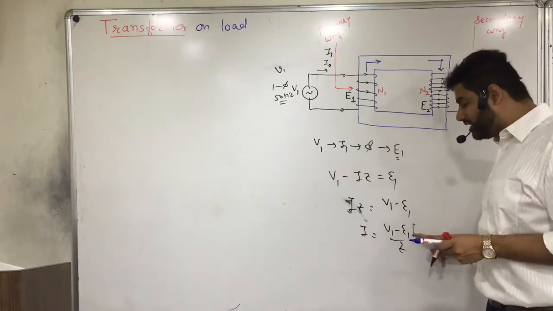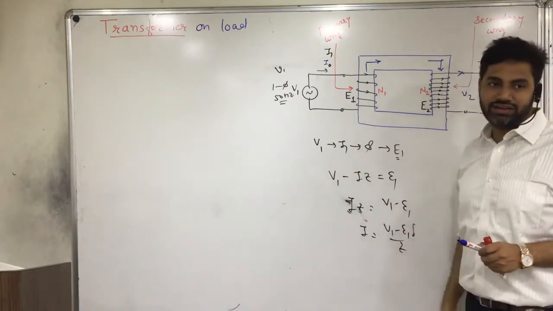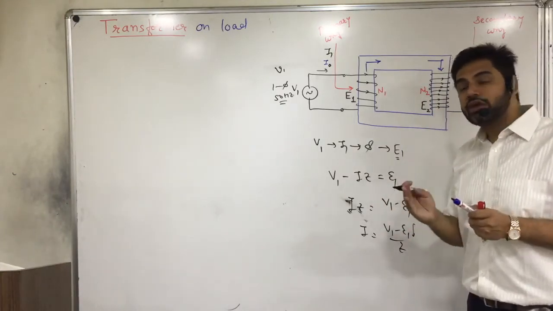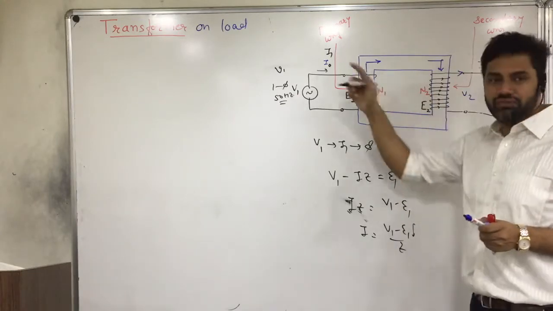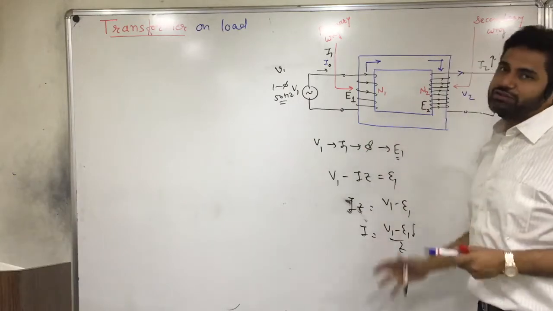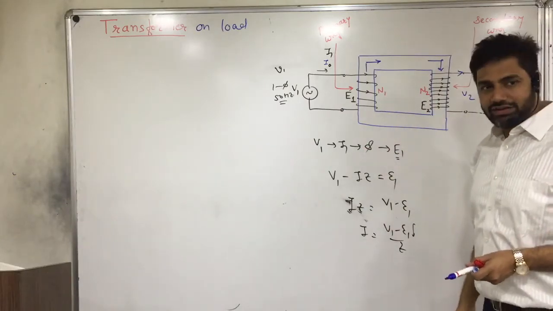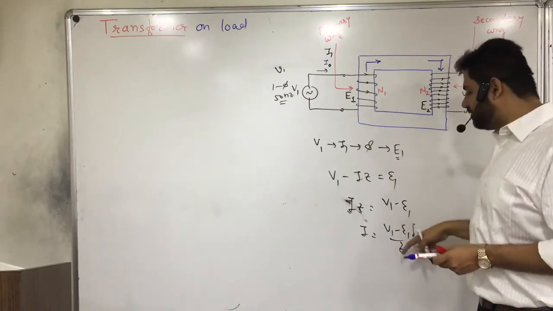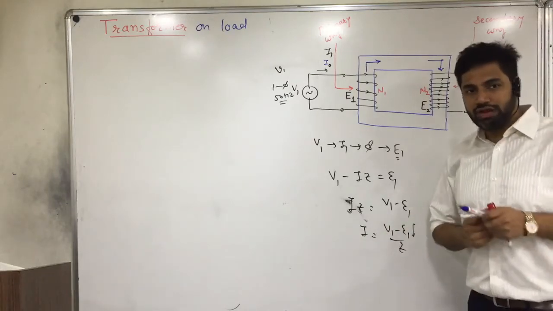Due to that, E1 will reduce and current will increase to compensate, to maintain the MMF. पता चला, मैं MMF की जो बात कर रहा था, मैग्नेटोमोटिव फोर्स, वो अंदर के फ्लक्स को मेंटेन करेगा. Is it clear? Fine. So basically V1 minus E1 upon Z will give me the value of current.